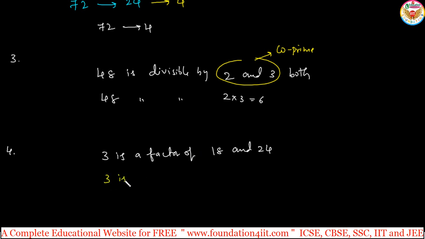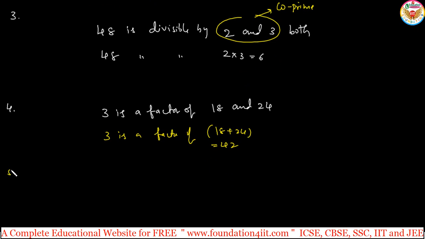That means 3 is a factor of the sum of these two numbers, 18 plus 24, which is 42. So 3 is a factor of 42. So if a number is a factor of each of the two given numbers, then it is a factor of their sum, right?